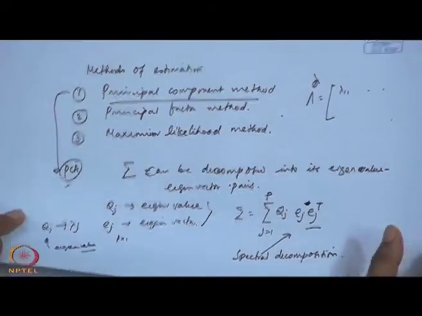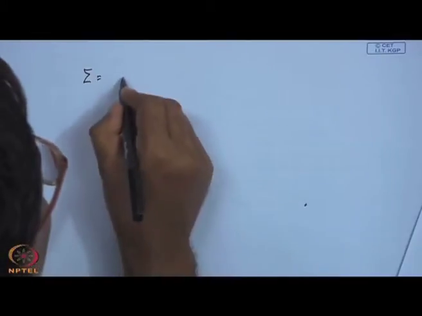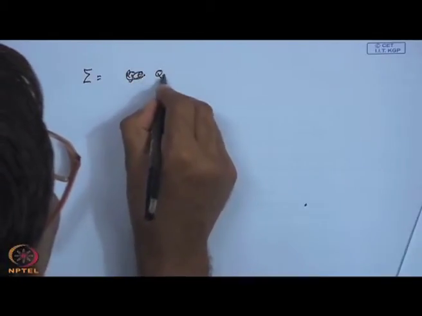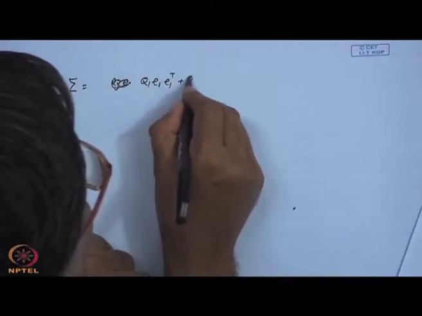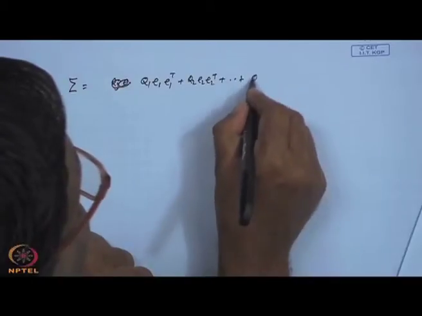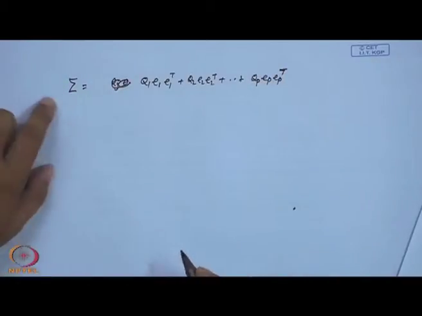If this is the case, can we not proceed like this, that this is my Qj, Q1 E1 transpose plus Q2 E2 transpose, like this up to QP EP transpose. You can write like this.